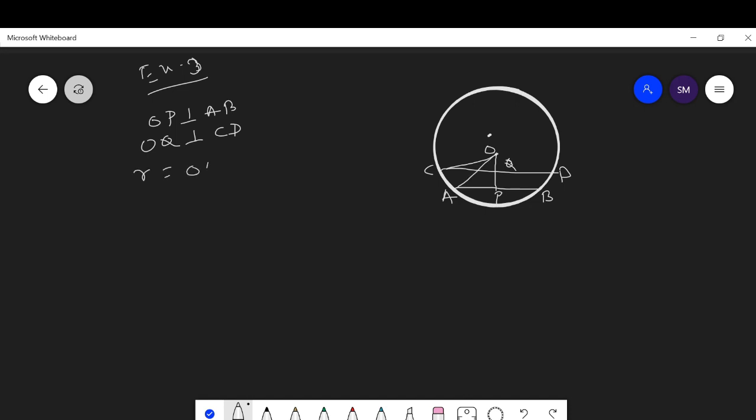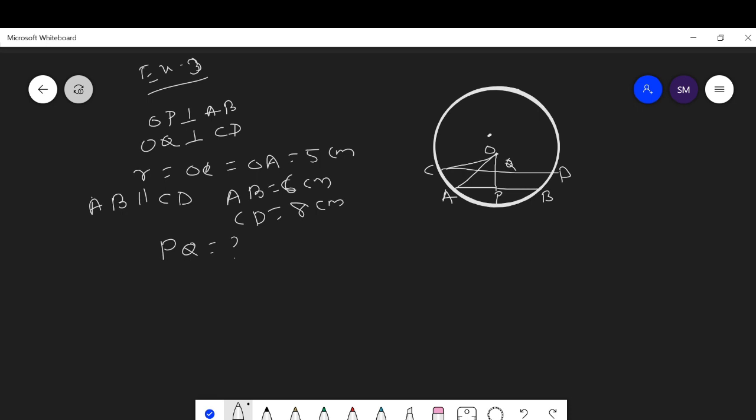Radius R is equal to OC is equal to OA, given 5 centimeter, and AB is parallel to CD and AB is equal to 6 centimeter given. CD is equal to 8 centimeter given. Then determine the length of PQ. Means we have to find PQ.